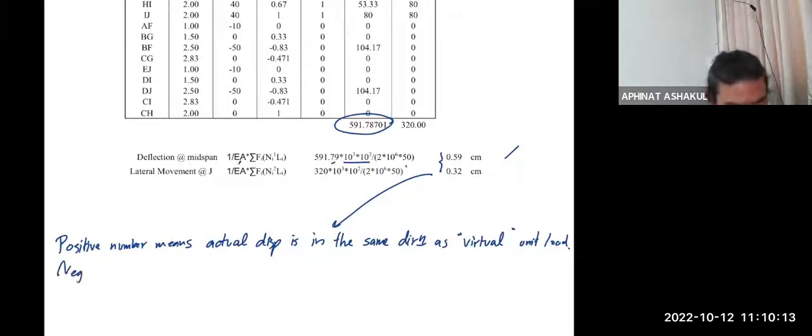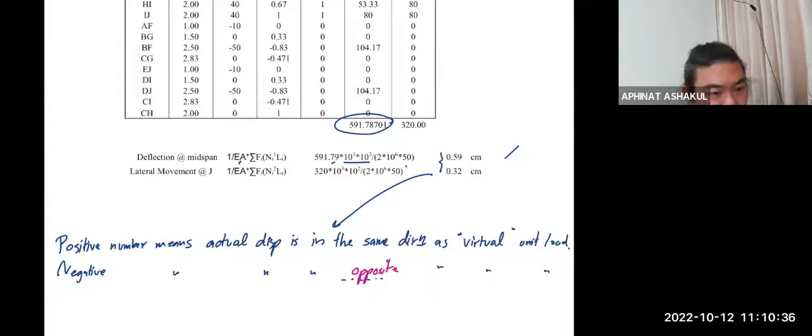Negative means the actual displacement is in the opposite direction, right? Okay, so that's it. The use of virtual work to calculate displacement in the truss.